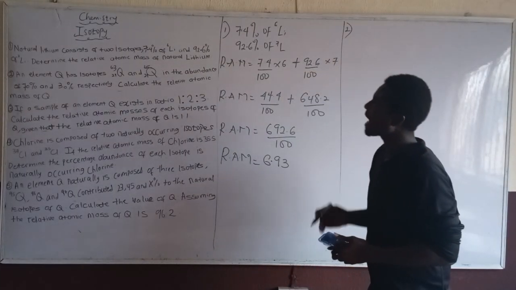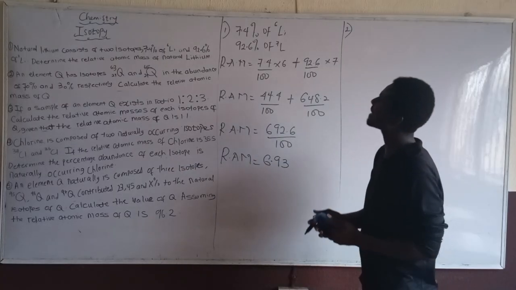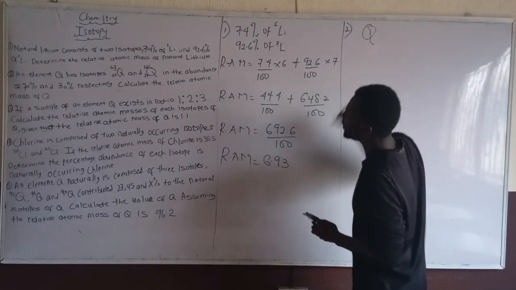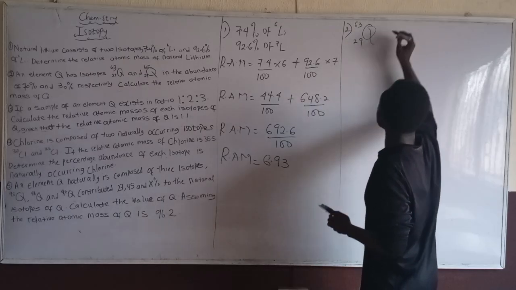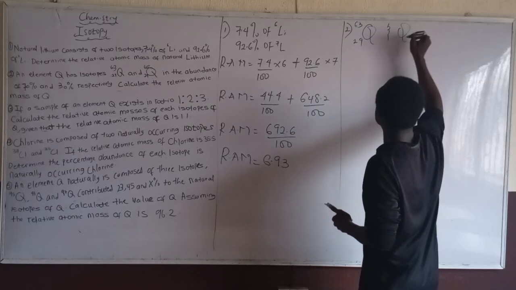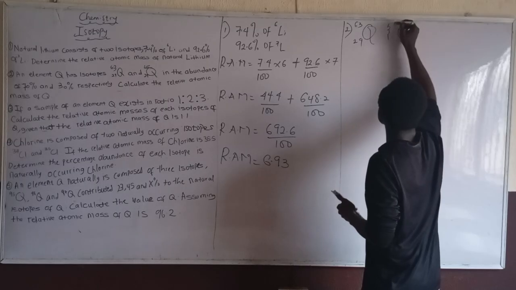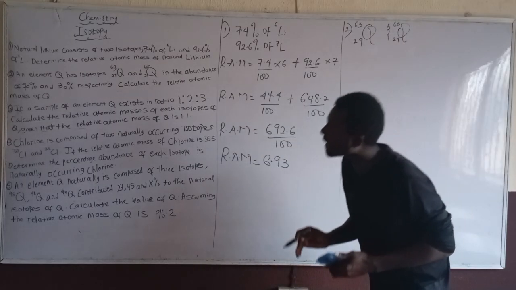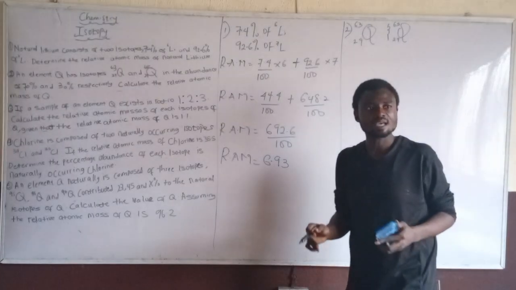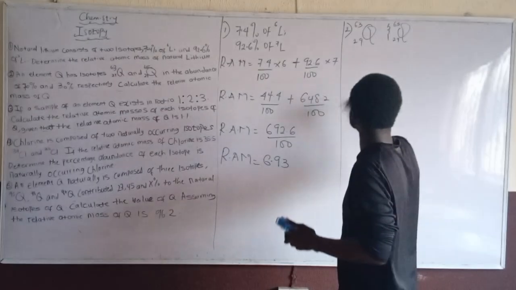It says an element Q has isotopes: Q 63, 29 and Q 65, 29, in the abundance of 70% and 30% respectively.